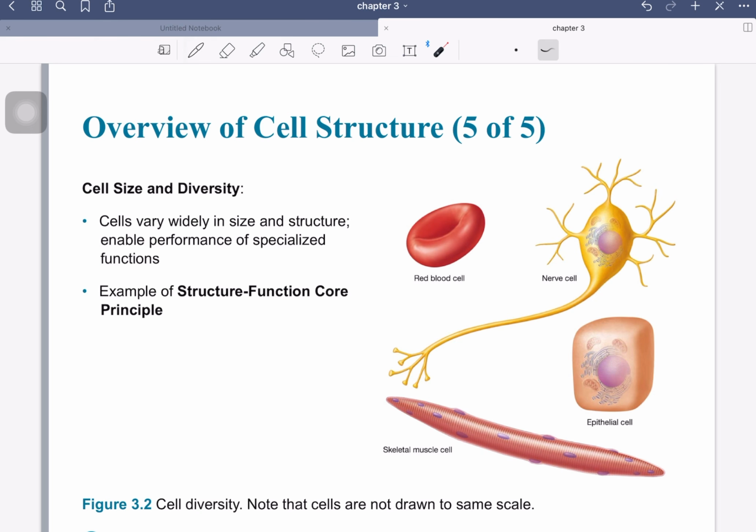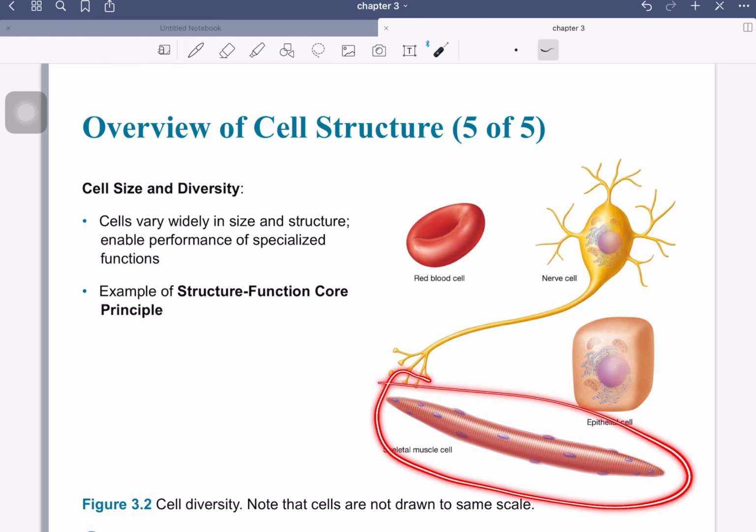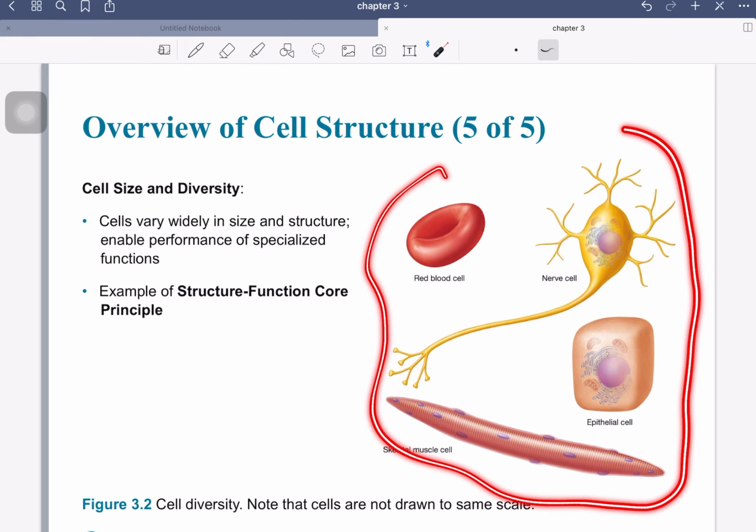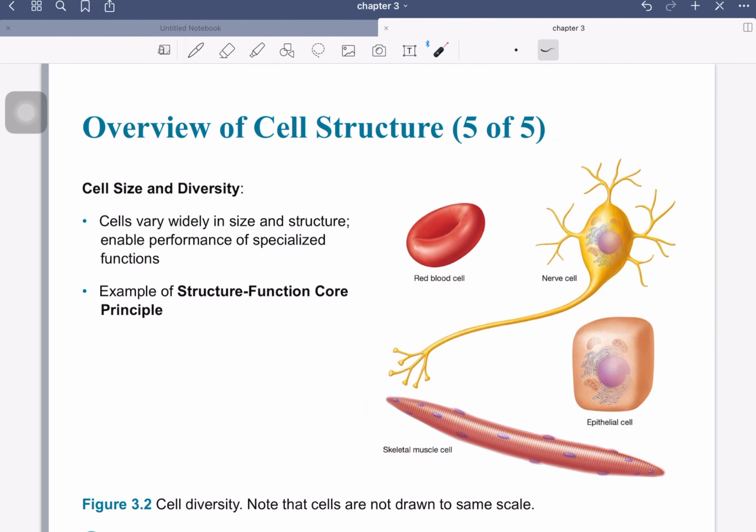So size varies quite a bit too. Epithelial cells, when we do histology, we'll talk about how epithelial cells are jammed shoulder to shoulder. That's one of the features about them, and this shape goes well with its function. And of course, skeletal muscle cells are a very different type of shape. But the key message is that structure and function really can be seen in the various shapes of cells.